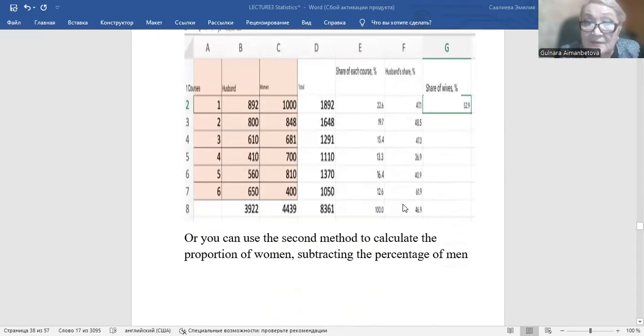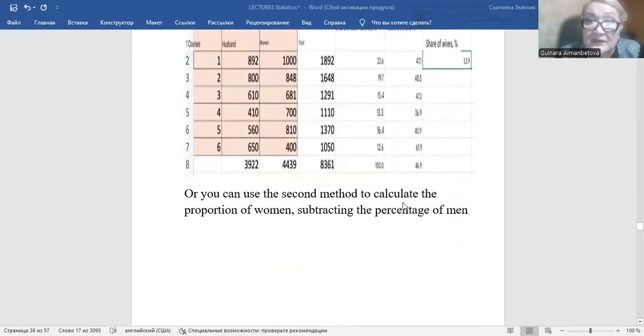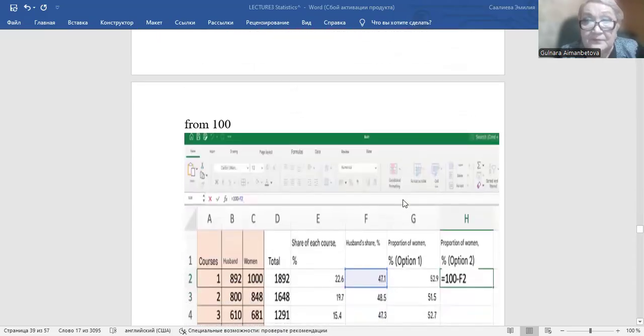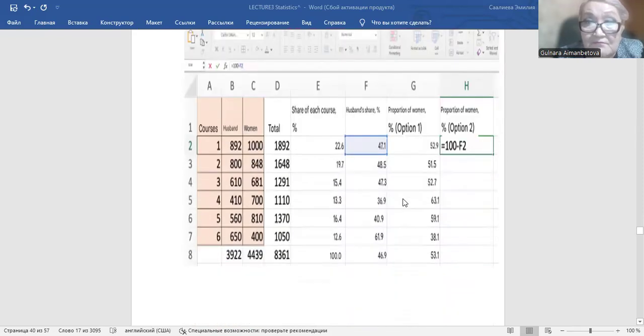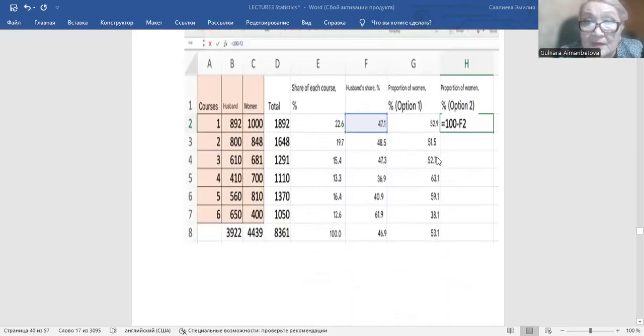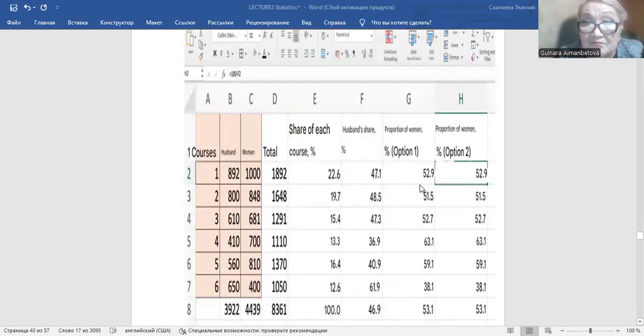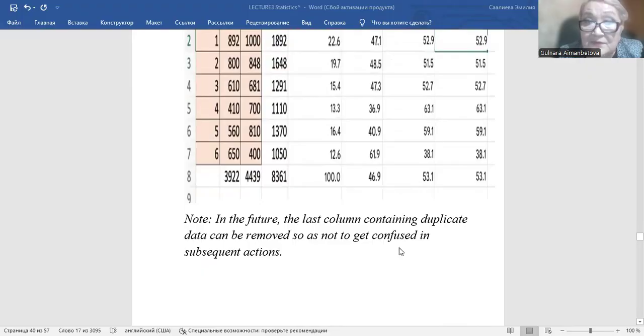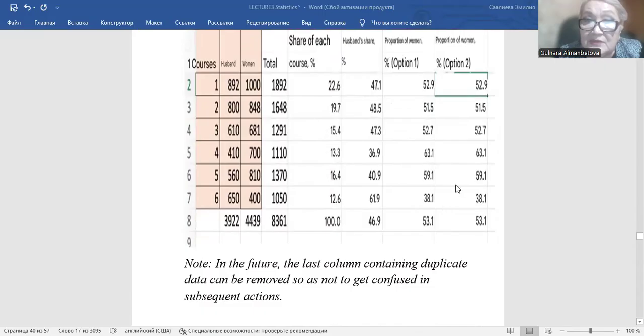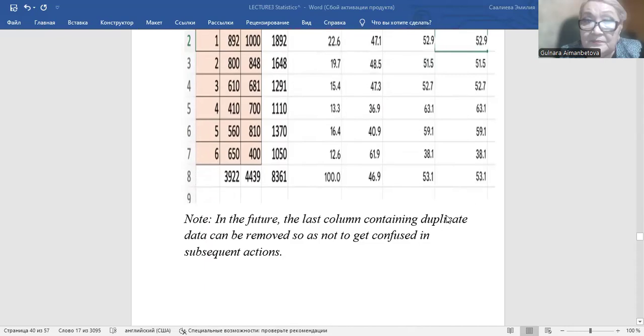In the formula, 100 minus F2. Note, in the future, the last column contains duplicate data and can be removed so as not to get confused in subsequent actions. You may delete this column.